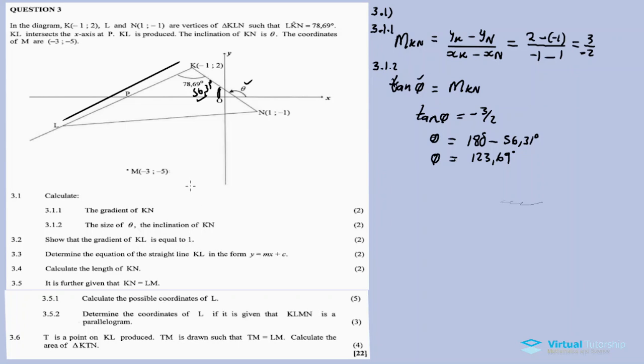But there's a problem: the coordinates of L are not given, so I cannot calculate the gradient directly using the gradient formula. So we have to find another way of calculating the gradient of KL. Let us do 3.2.